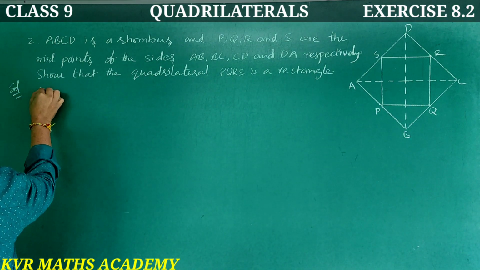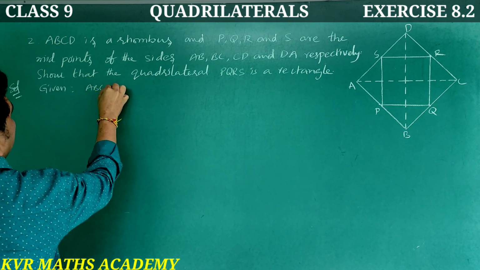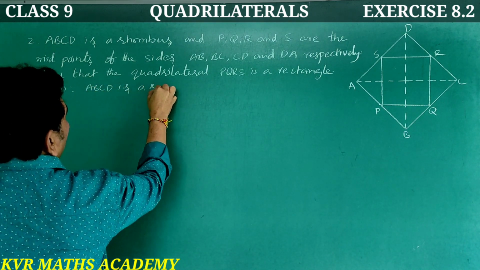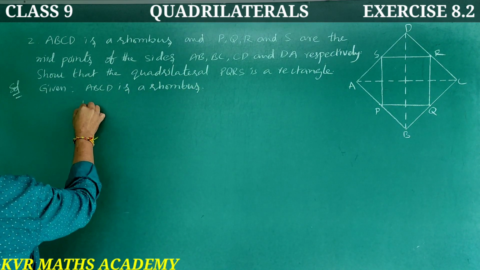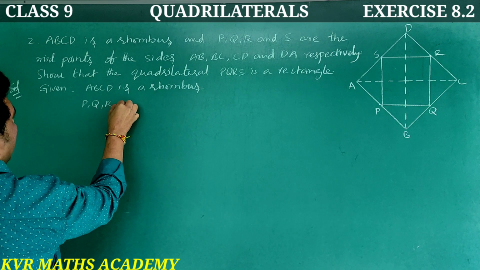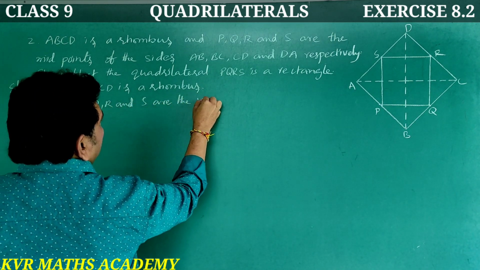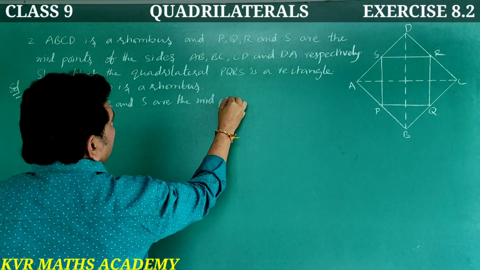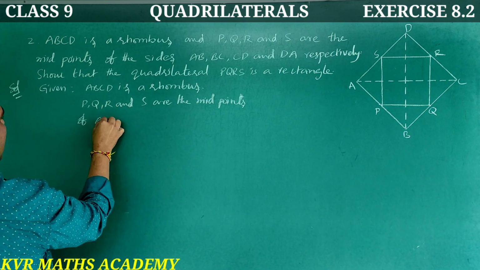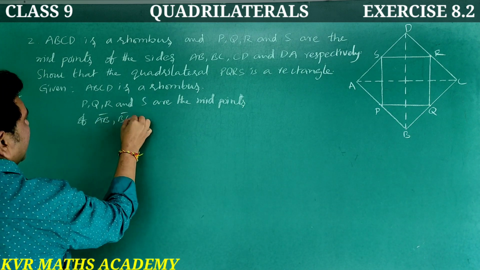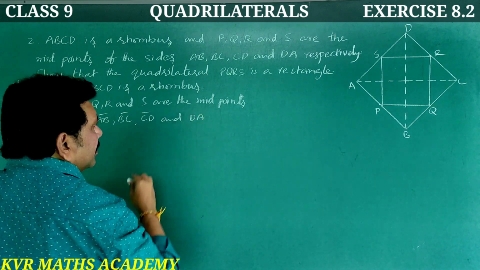Solution. Yes, given: ABCD is a rhombus. Right? Next, P, Q, R and S are the midpoints of AB, BC, CD and DA.